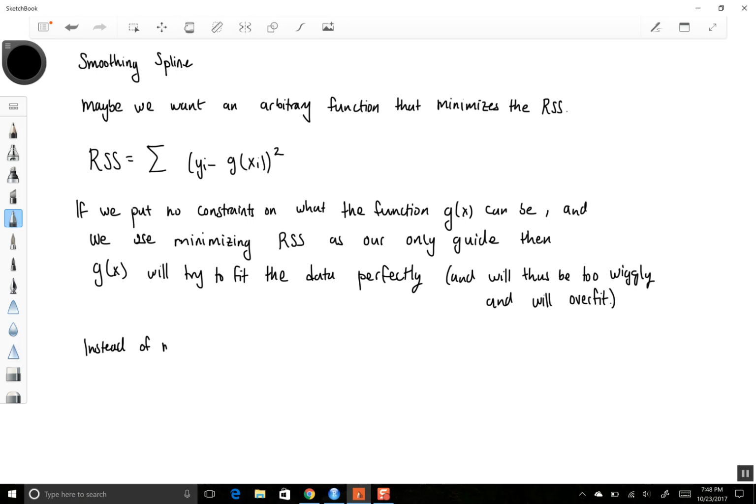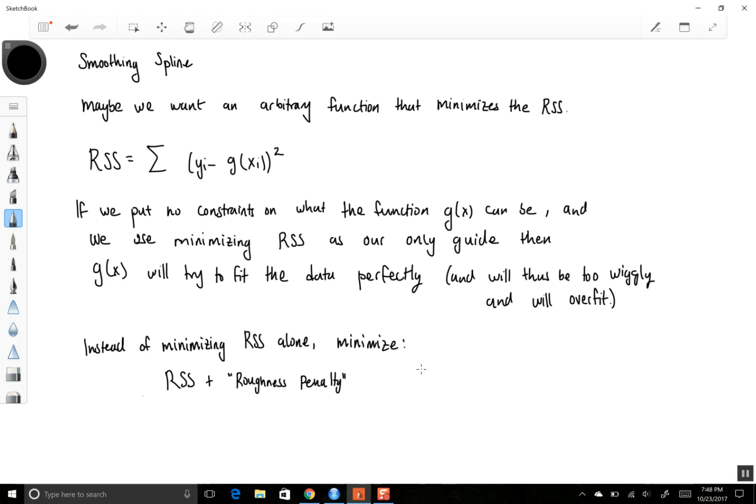So instead of minimizing RSS alone, minimize RSS plus a roughness penalty.